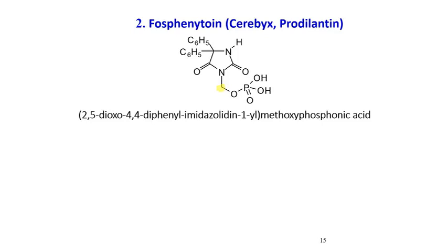If we want to analyze it, they developed a methyl hydroxy analog of phenytoin, and they used the OH of the hydroxymethyl function to be esterified with phosphoric acid. Then this is the phosphoric acid ester of methoxyphenytoin.